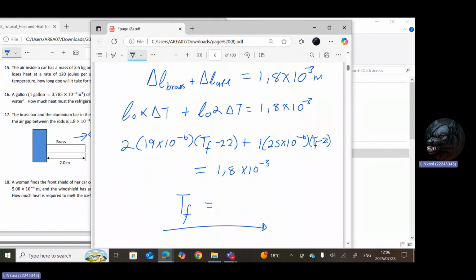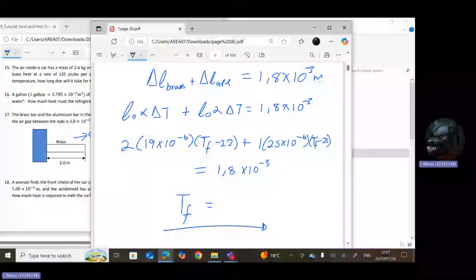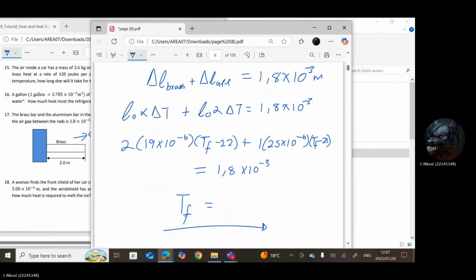Oh, it's easy. First, it's going to be 1.8 times 10 to the minus 3 over 2 times 19 times 10 to the minus 6... and it's 25 times 10 to the minus 6.